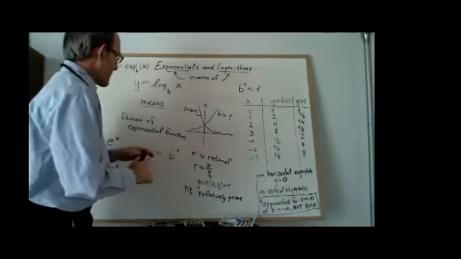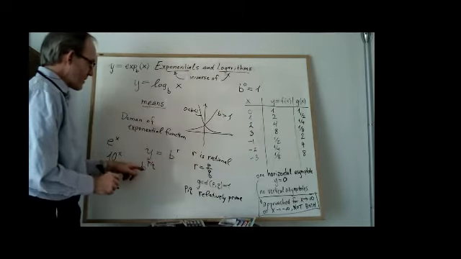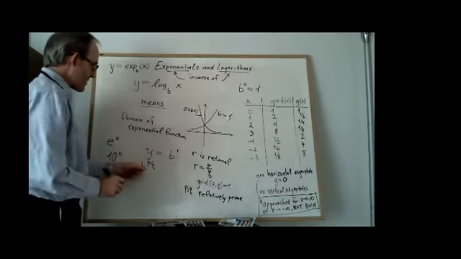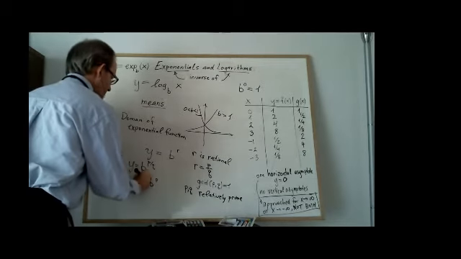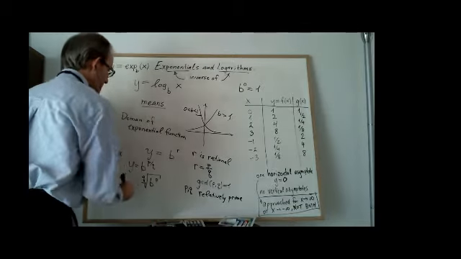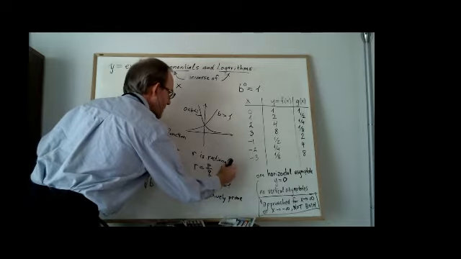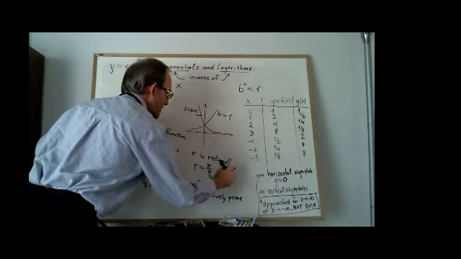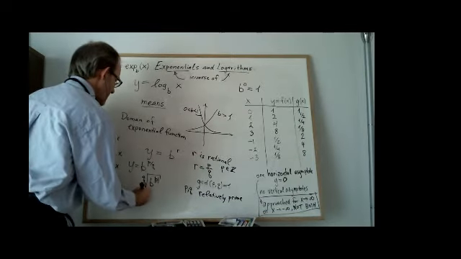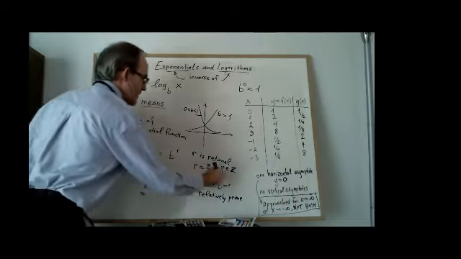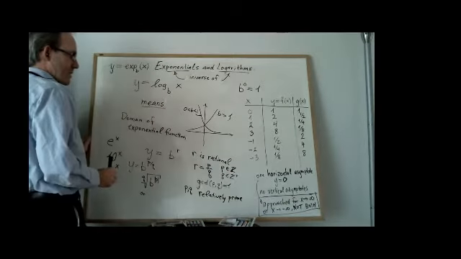Okay, so given a rational r, to get the value of y here, you first raise b to the power p, and then you take the qth root of that. If p is an integer, it could be negative, so you should take the absolute value of p. And q you can take to be a positive integer. I'll indicate it like that.